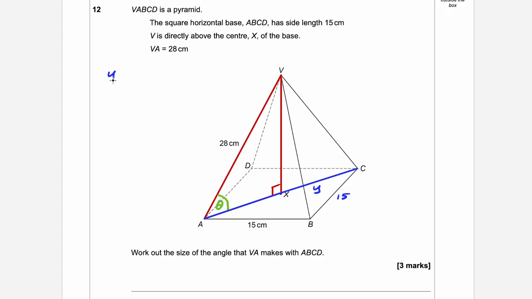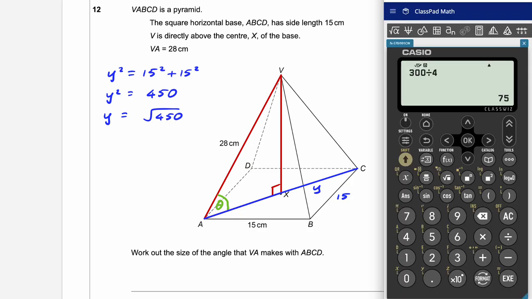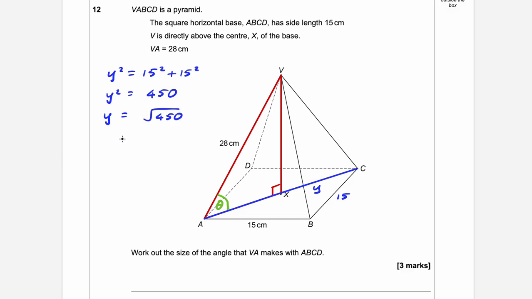So Pythagoras' theorem, y squared equals 15 squared plus 15 squared. This is 225 plus 225 is 450. So y squared is 450. Y is equal to the square root of 450. Root 450, everybody, is 15 root 2. Okay, 15 root 2.